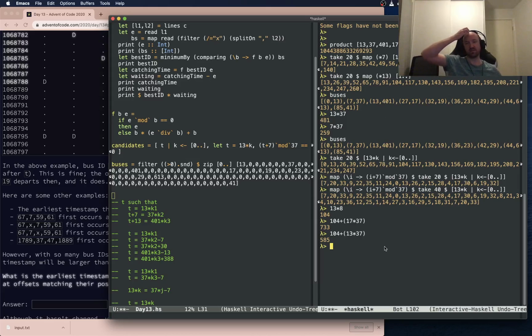Because exactly the same thing is going to happen. But do I need to look at 13 and 401 or 37 and 401? Or do I need to look at 585? Okay, so one thing that's true is that all of these bus IDs are primes, which means they're all relatively prime. But even when I multiply 13 times 37 together and get 481, of course, they're still relatively prime to the others, because that's composed of primes that are different from these ones.